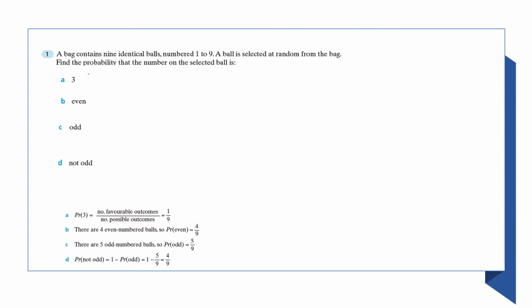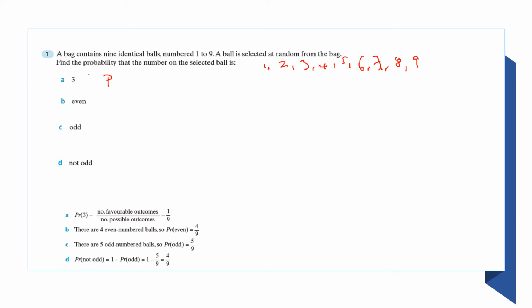So as we remember from the last episode, the balls are numbered from 1 to 9. So that's 1, 2, 3, 4, 5, 6, 7, 8, and 9. So what would be the probability of that being 3?